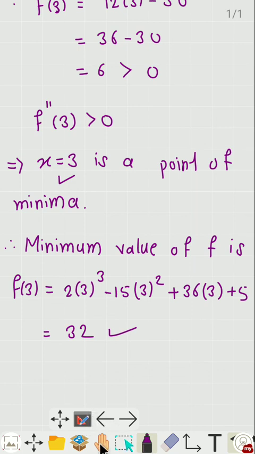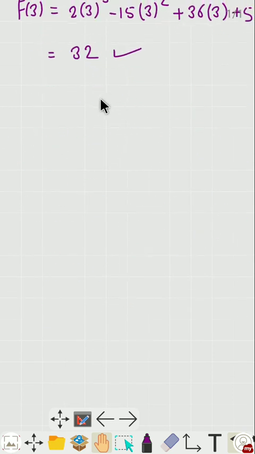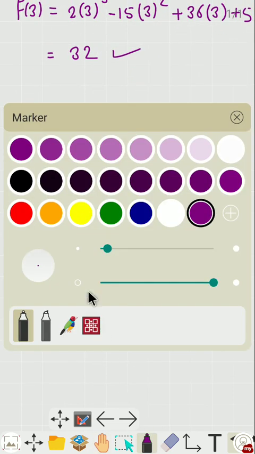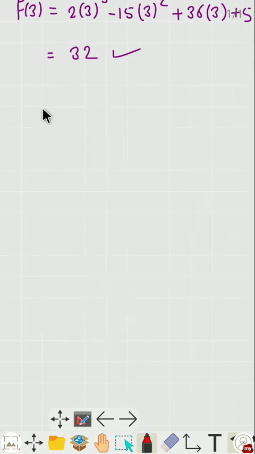Okay, now let us give some homework for you. Let us try to solve these questions at home. Homework. Let us write the first question for homework. Try to solve this question on your own.